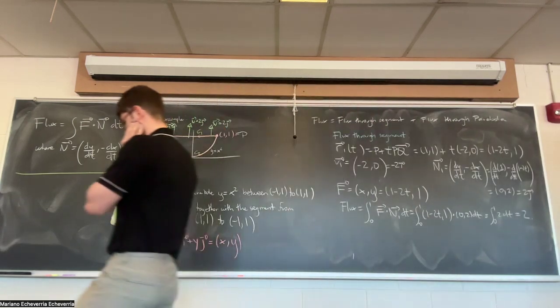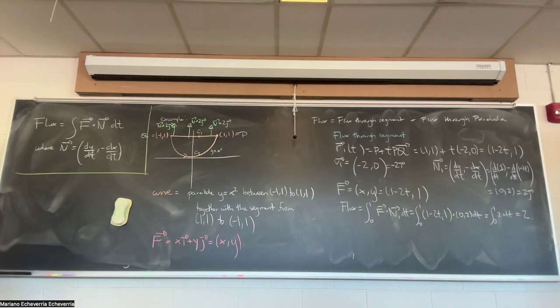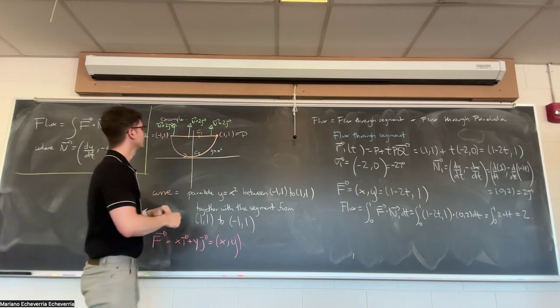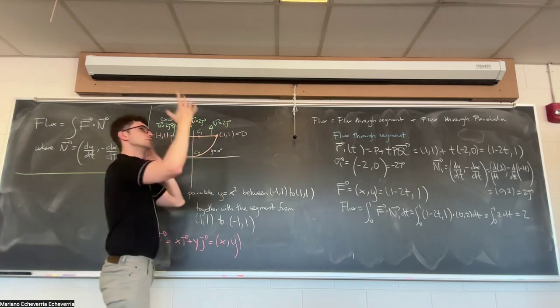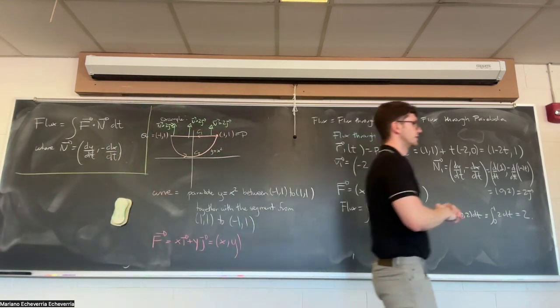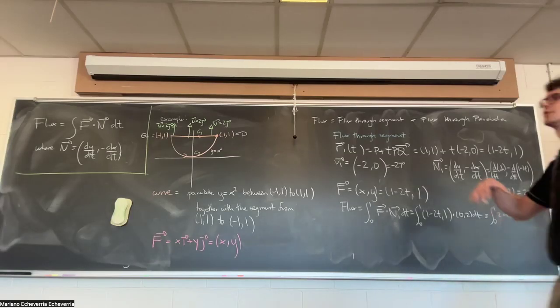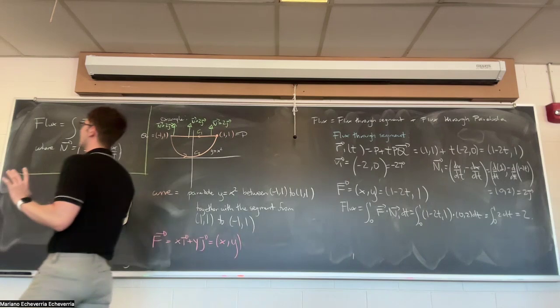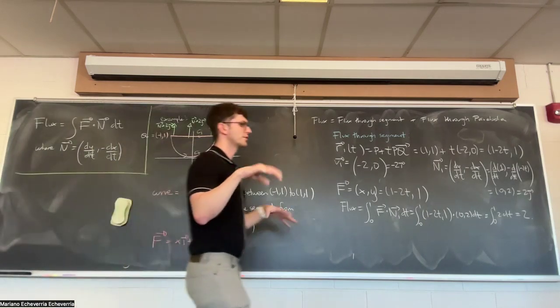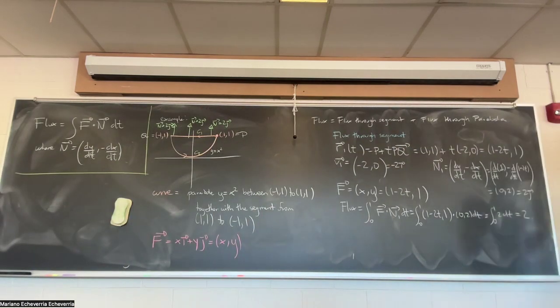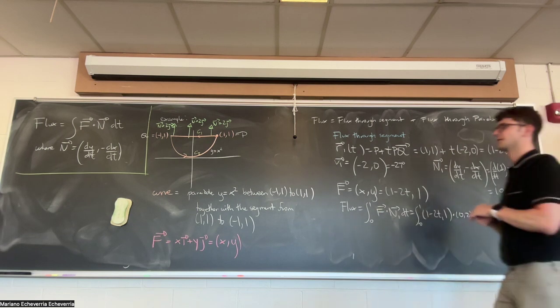So the stuff going through the line segment is 2, in whatever units you're using. Usually flux is like mass per unit time, say kilograms per second. It's kind of like a rate.